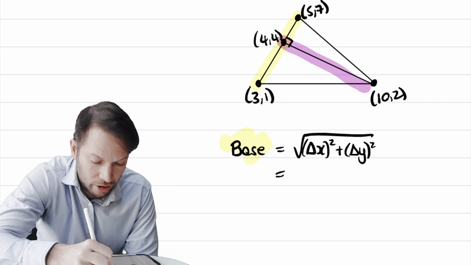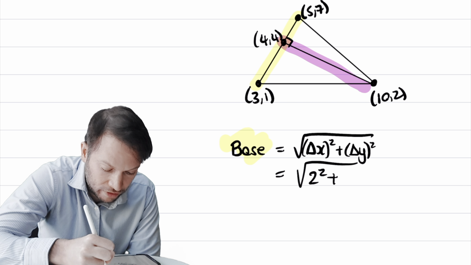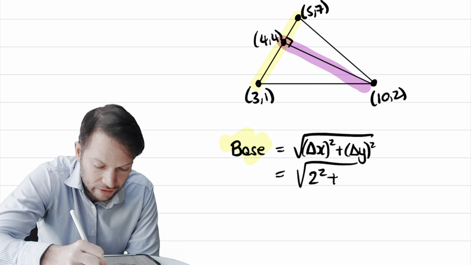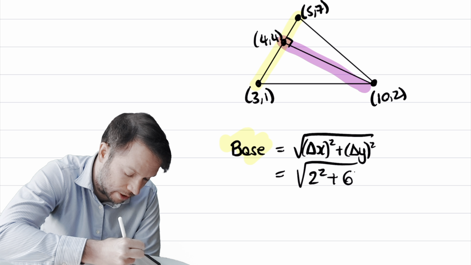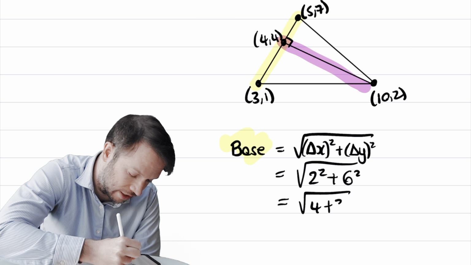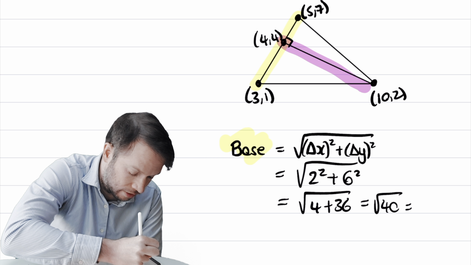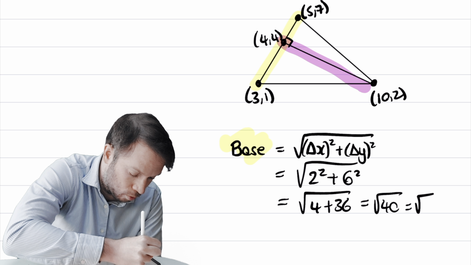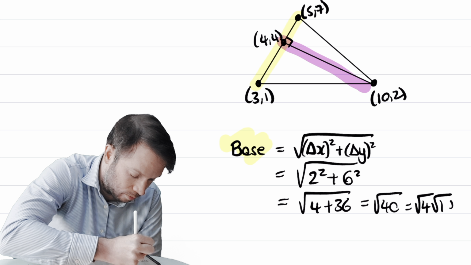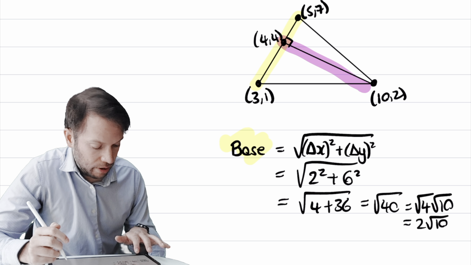That's a change of 2. So we're going to do the square root of 2 squared plus, what's the change in y? From 1 to 7 is 6. So it's 6 squared. So that's the square root of 4 plus 36, which is the square root of 40, which is the square root of 4 times the square root of 10, which is 2 root 10. I could just keep it as the square root of 40, to be honest.